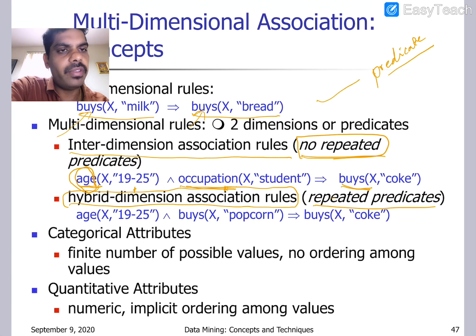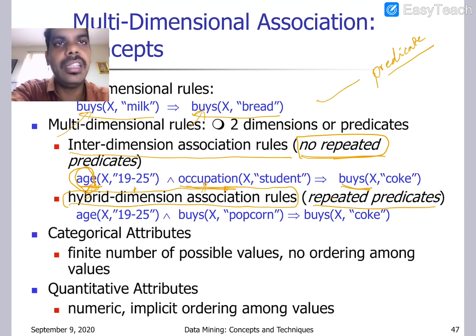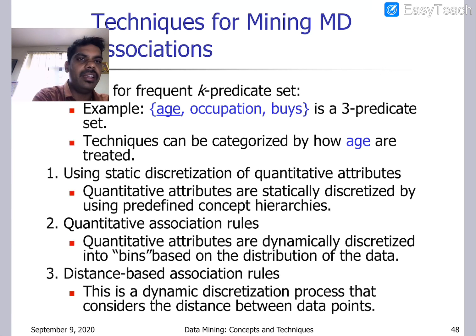Occupation is a dimension that is categorical data, and age is a dimension which belongs to quantitative attributes. Age we specify with a numerical quantity, and occupation with a particular category. Age, occupation, buys: three predicates. Age is tested with static discretization, given as a numerical value.